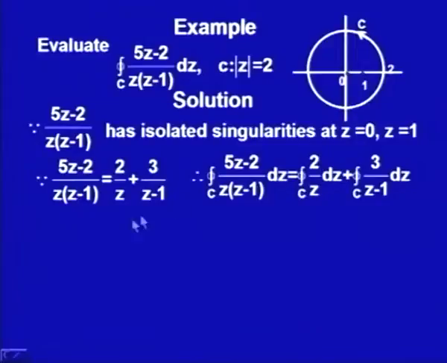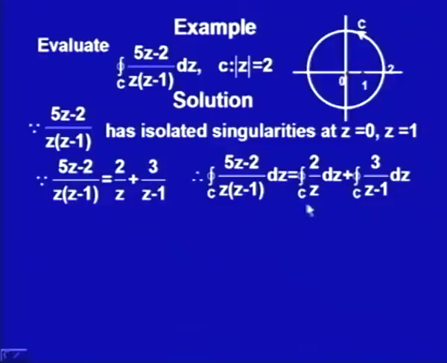Or rather, first, the question is coming up where, rather than using it as one integral, we are using it as two integrals. So, I can use partial fractions. 5z minus 2 upon z into z minus 1 we could write as 2 upon z plus 3 upon z minus 1. So, the integral along this contour C of 5z minus 2 upon z into z minus 1 dz we could write as a sum, because this is a sum of two functions.